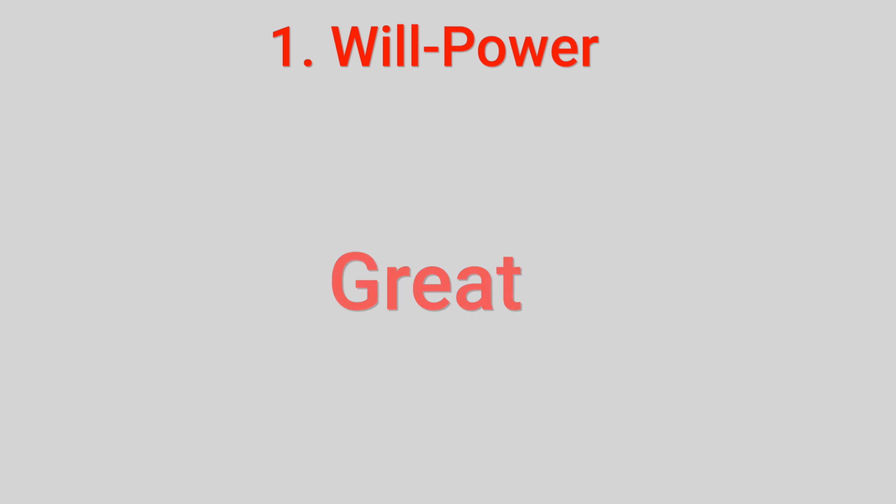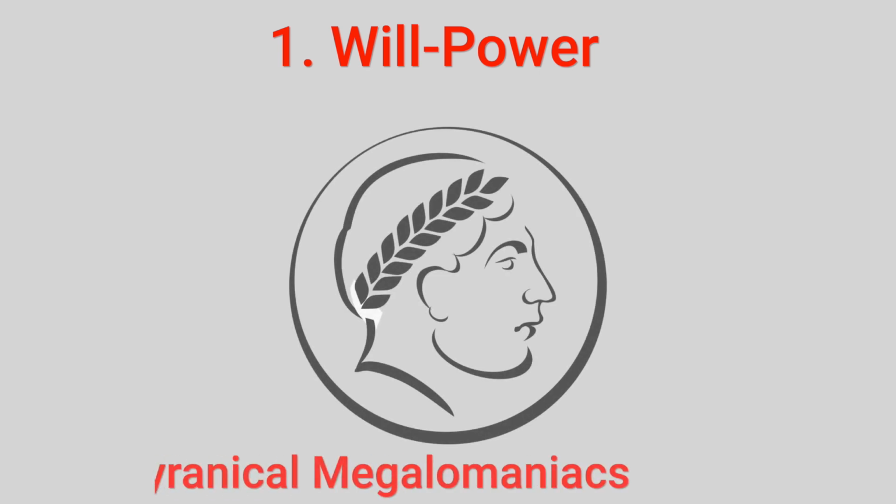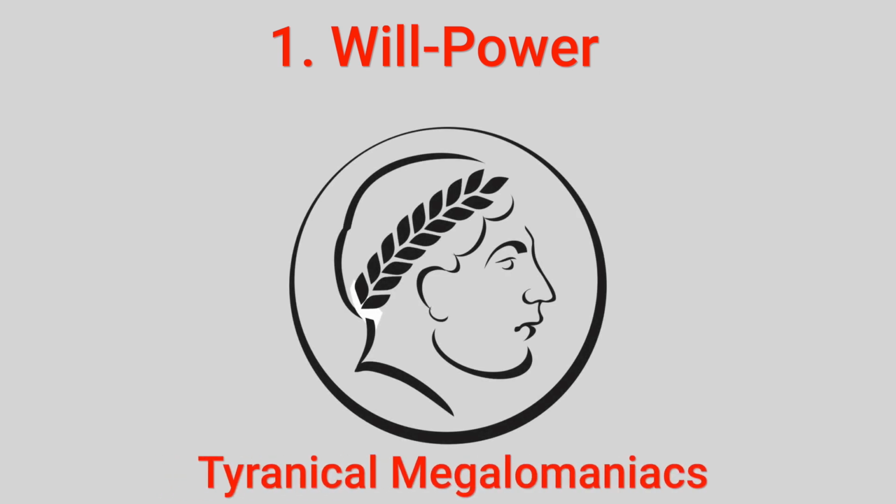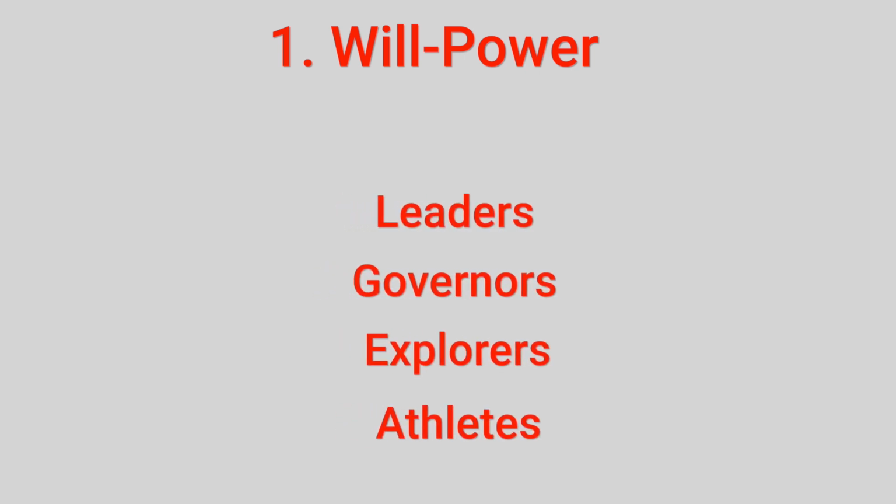If, on the other hand, they have egotistical tendencies and these are not controlled, they will become tyrannical megalomaniacs. Typical professions followed by a personality with a first-ray temperament are leaders, governors, explorers, and athletes.